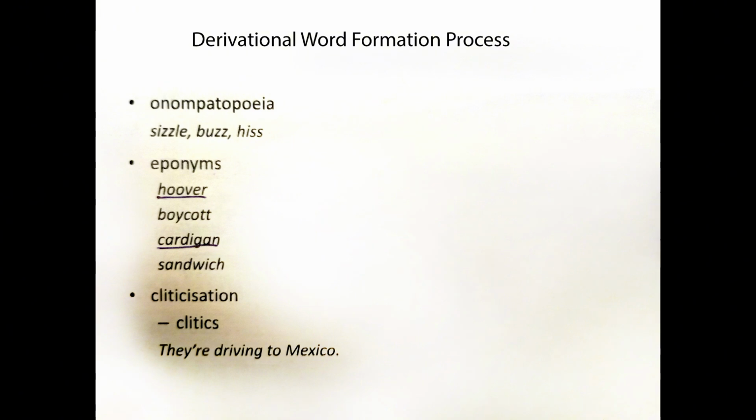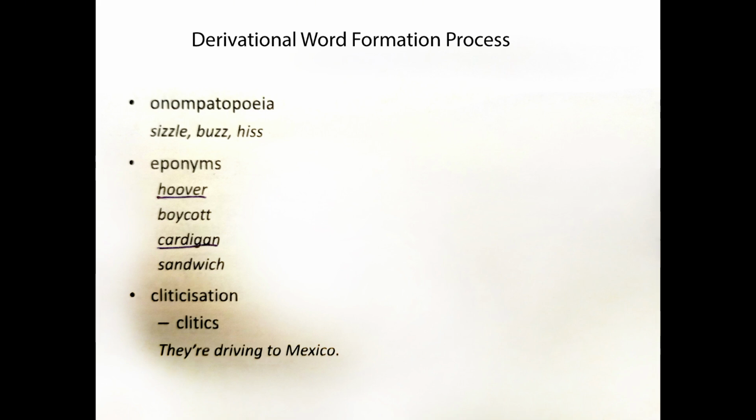Let's take the example Hoover. Hoover is named after the person William Hoover, and Hoover is a vacuum cleaner company, right? It was created from the person William Hoover.